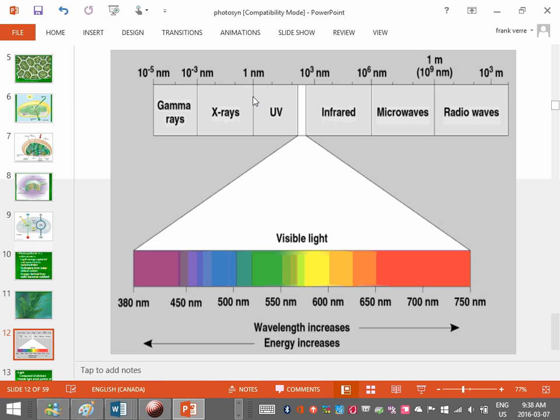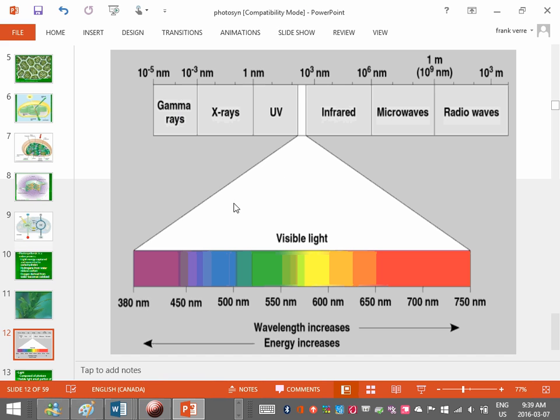Here's a picture showing us the different colors of light. This is what's known as the visible spectrum. All of these things are just different manifestations of light. Light, gamma rays, X-rays, microwaves, they're all the same thing. They're all a form of electromagnetic radiation.